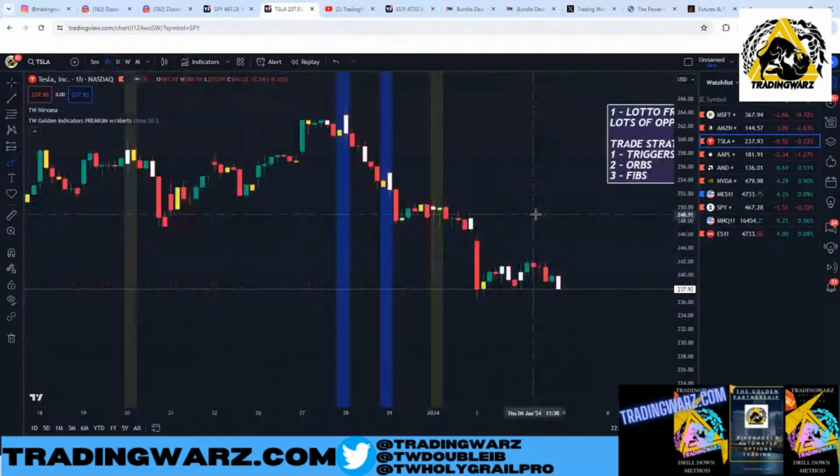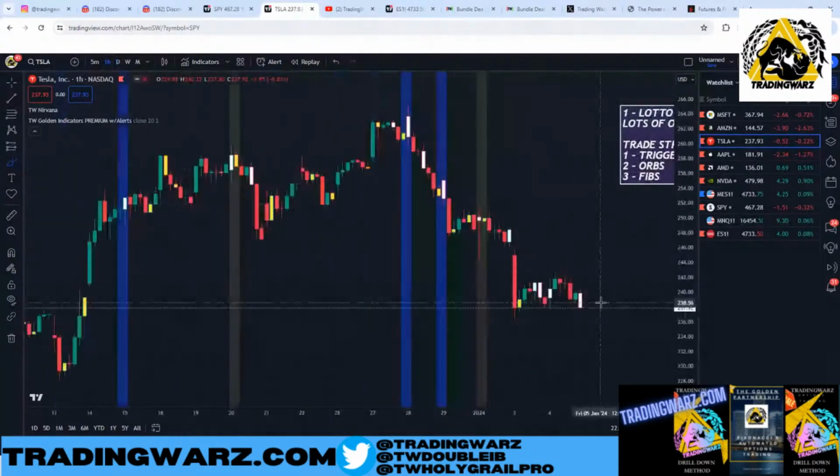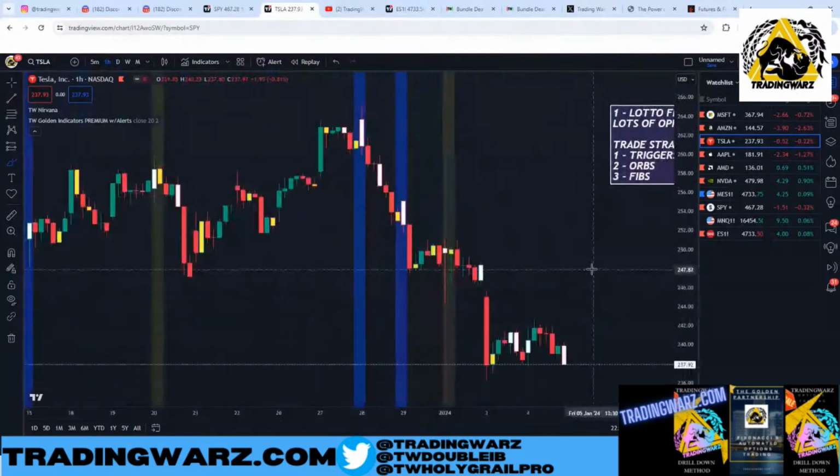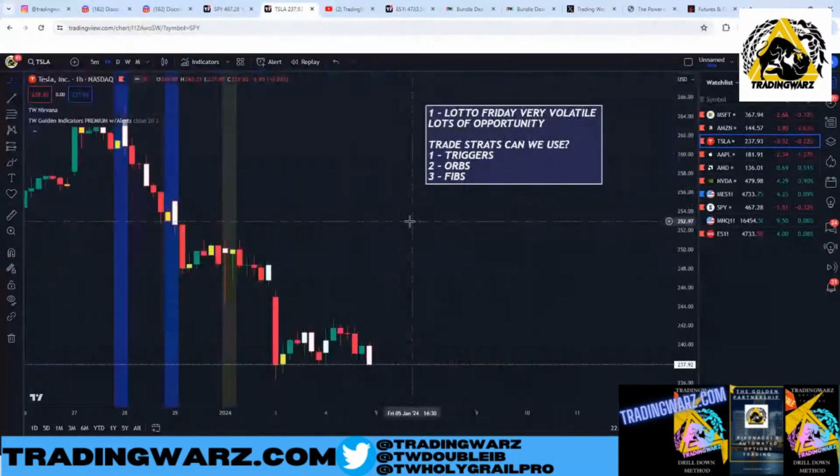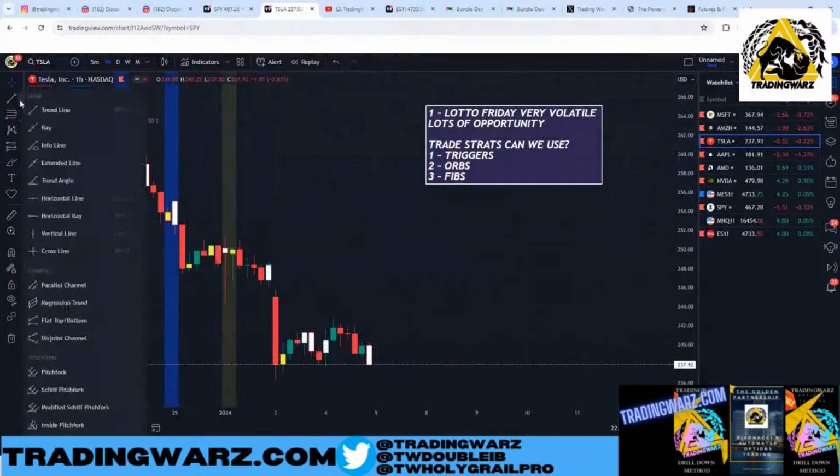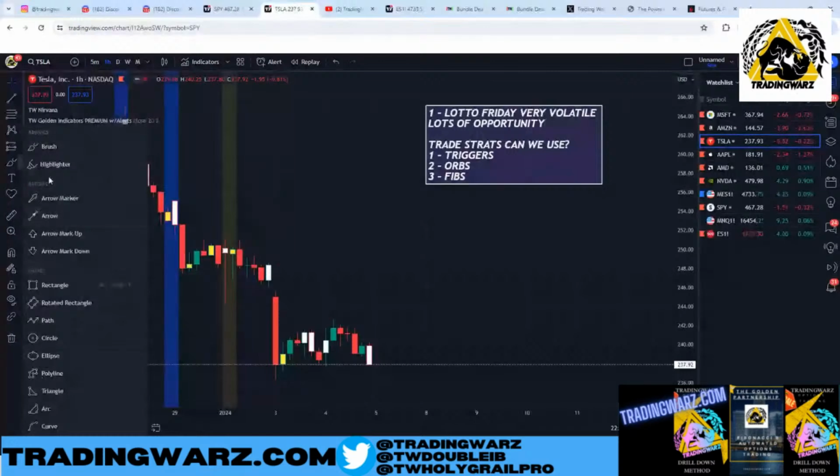If we go down to the hourly chart here, we can actually see the formation of this inside bar. Let's go ahead and draw the formation of this inside bar. Here is the price action today. We'll get the line tool, and let's use the arrow.